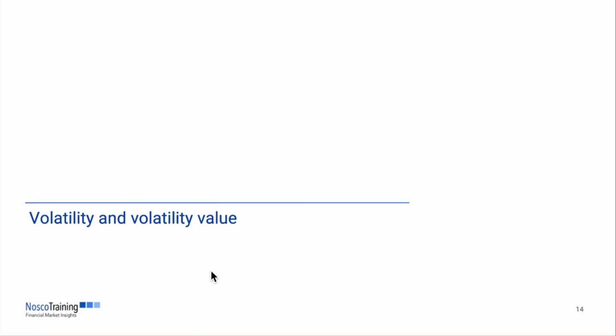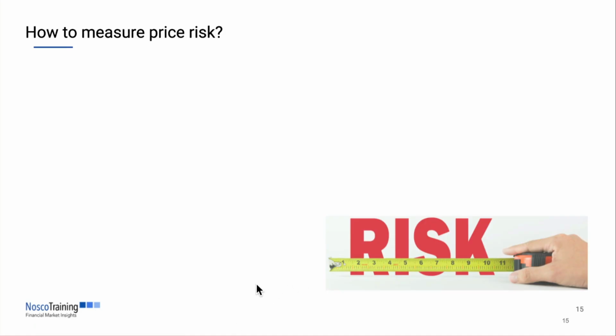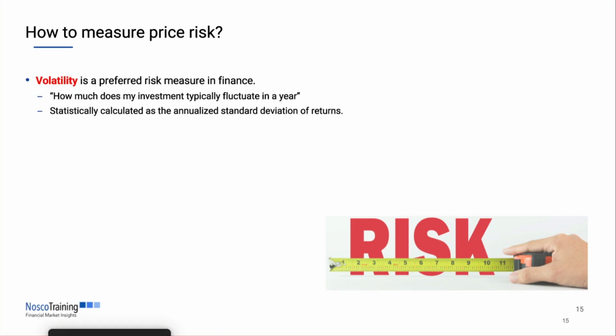Cool. Okay, we talked about volatility. Now I would like to reiterate the difference between volatility and volatility value. We talked about that before in previous lectures, but it is an important difference. So first, let me again give you the main thing about volatility, right?